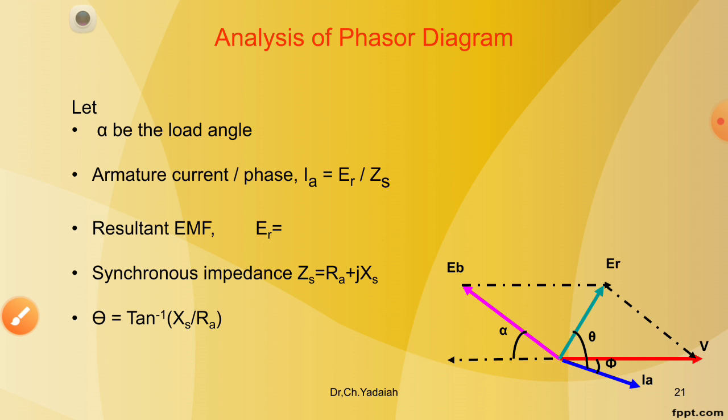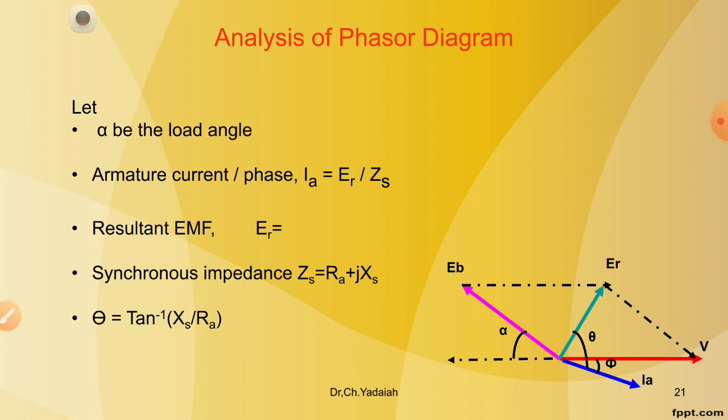Now, analysis of phasor diagrams. Very familiar phasors, already you know from the BEE subject, AC circuits and electrical circuits. Now, the analysis: let alpha be the load angle and armature current IA is equal to resultant ER by ZS.